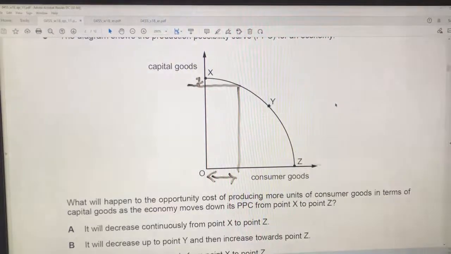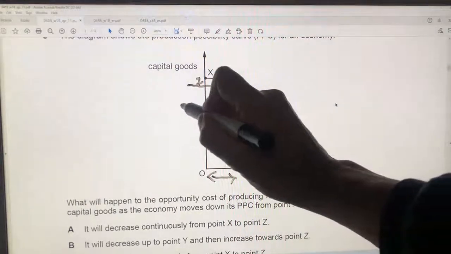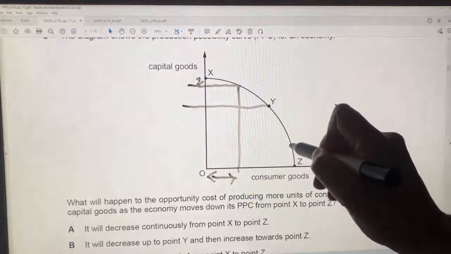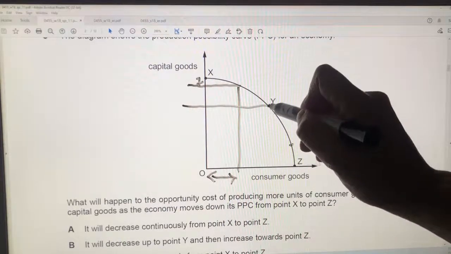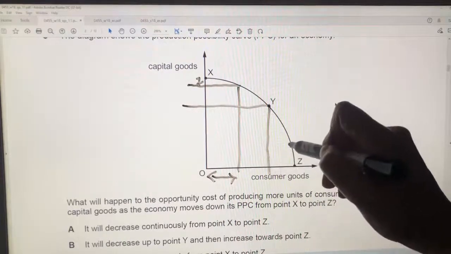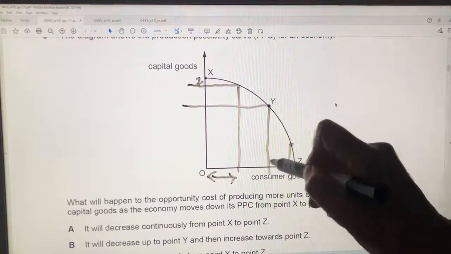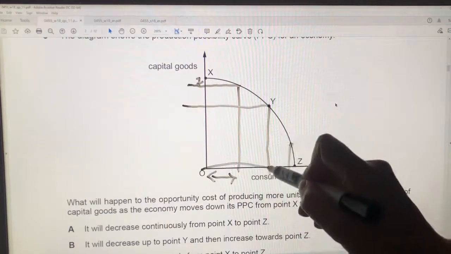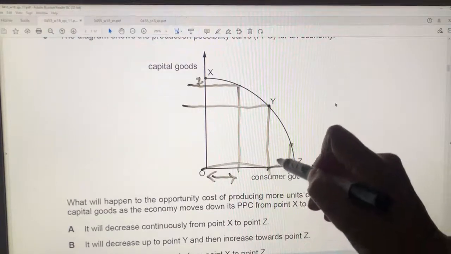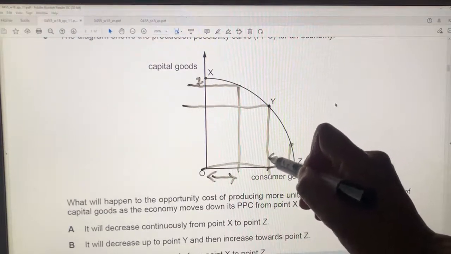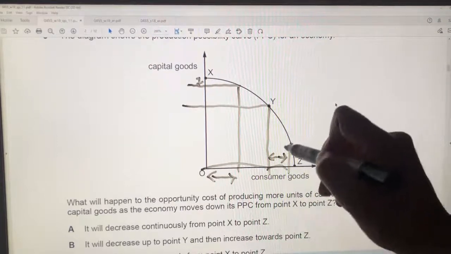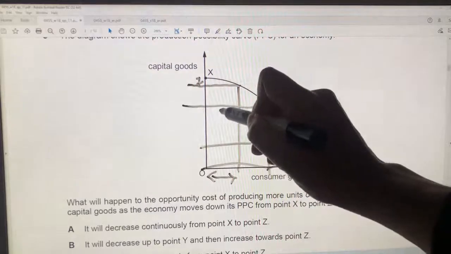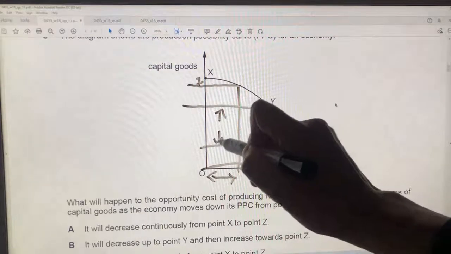If we want to change our production from the Y point to here, then change our production from this to this. For this amount, a fairly small amount, we lose a fairly large amount of capital goods.